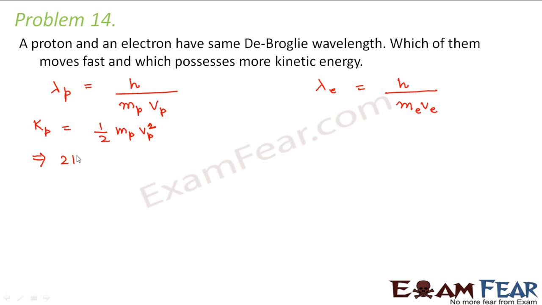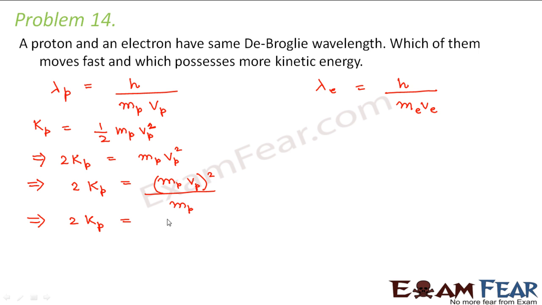So this can be written as 2 into Kp is equal to mP Vp square, or this can be written as 2 Kp is equal to mP Vp whole square divided by mp. So we can write it as, what is mass into velocity? It is nothing but the momentum basically.